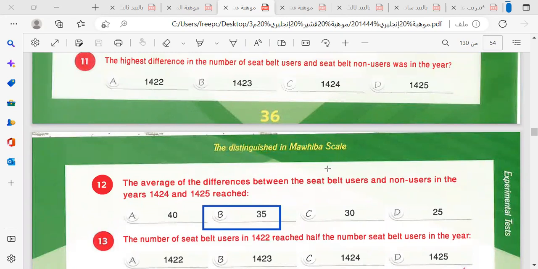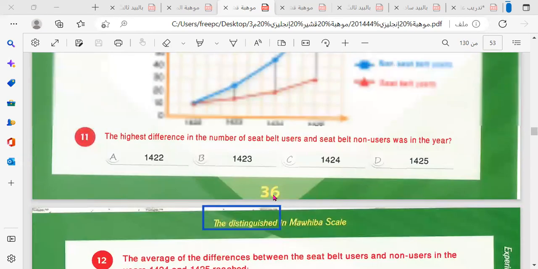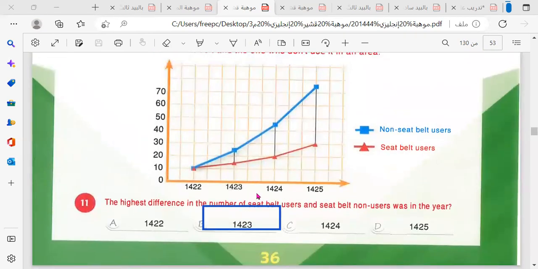Can you show how? It is 25 plus 40, 45 here. The difference, you find the difference first.